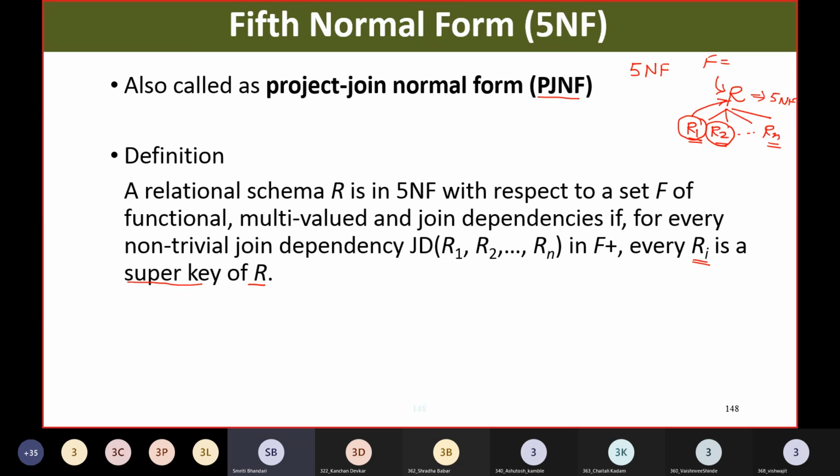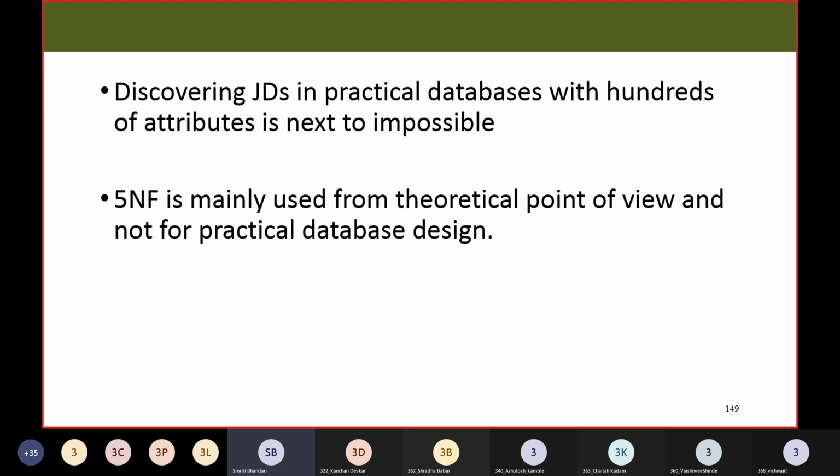So this is a very stringent normal form. And it is very difficult to practically discover the joint dependencies when we have hundreds and thousands of attributes in our relation. So finding joint dependencies practically in databases with a huge number of attributes is really impossible.